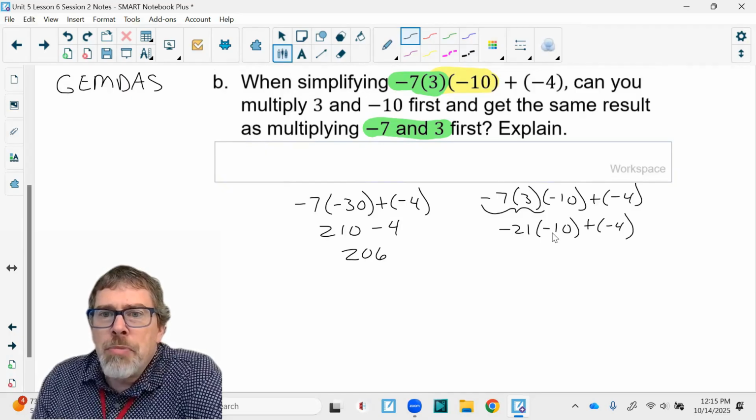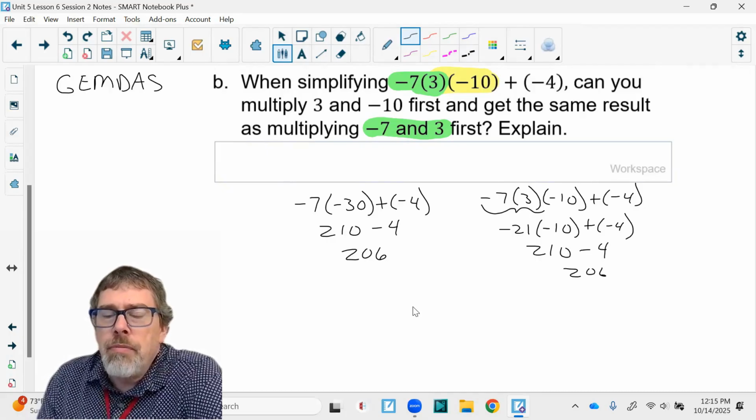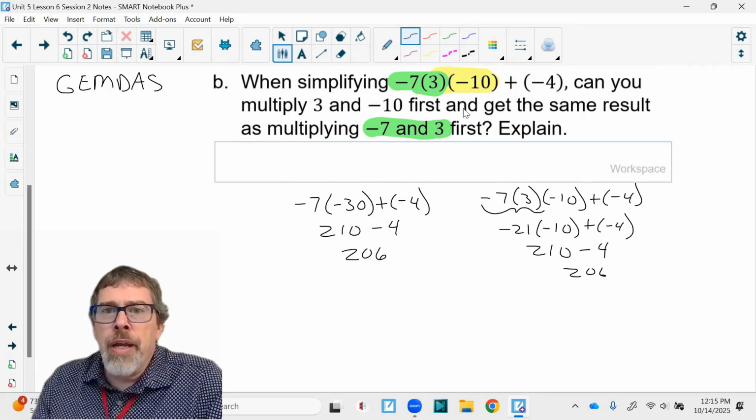So negative times a negative is positive. 21 times 10 is 210, and plus a negative is minus, and we get 206. Why was this okay?